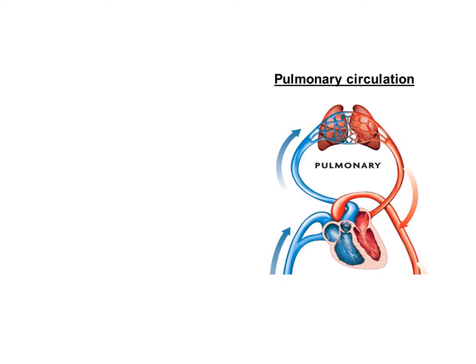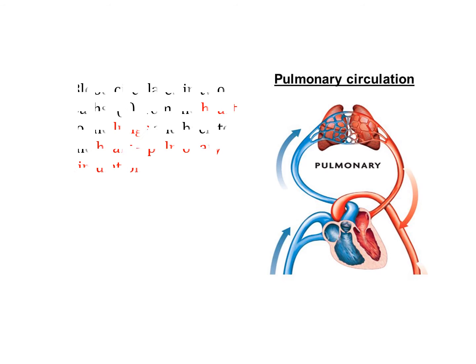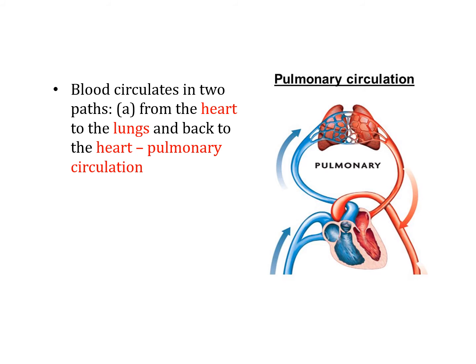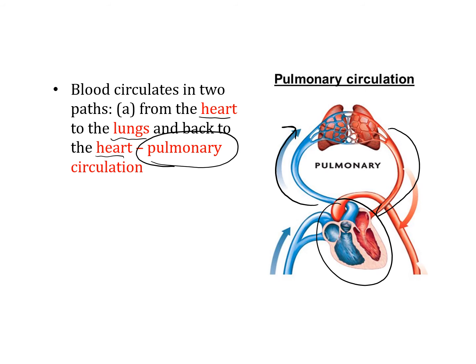Let's take a look at the types of circulation we have in our body. Blood flows in two paths in our body. It flows first from the heart to the lungs, back to the heart, and this is called pulmonary circulation. So over here, as you can see from the diagram, from the heart, blood will then flow to the lungs. From the lungs, it goes back to the heart again.